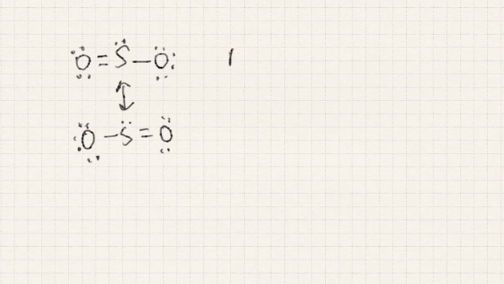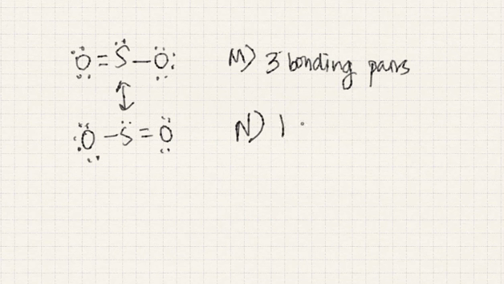Okay, so how many bonding pairs are there? 1, 2, 3. 3 bonding pairs. Okay, how many unbonded pairs are there? There's 1 unbonded pair.